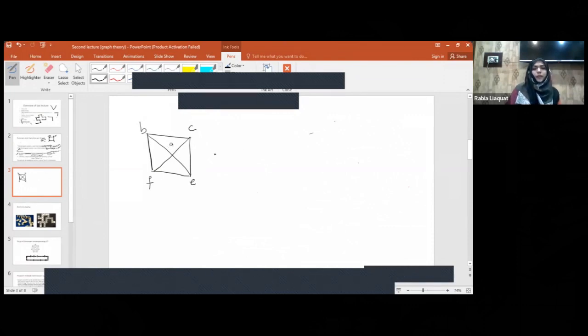This graph G is not Eulerian. Why? The degree sequence is 3, 3, 3, 4. So the degrees are odd, so we can say this is not an Eulerian graph.